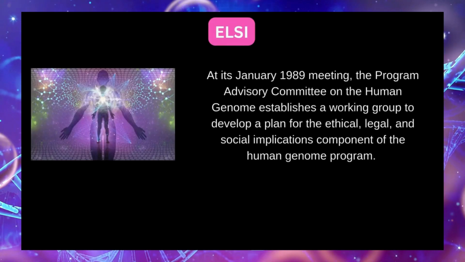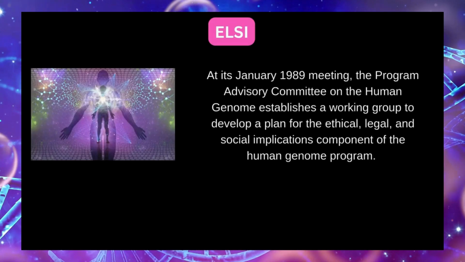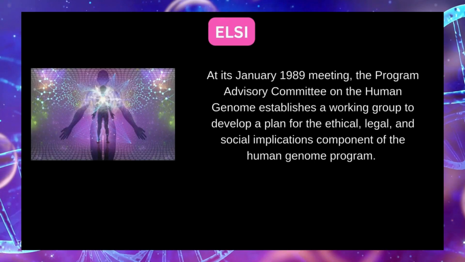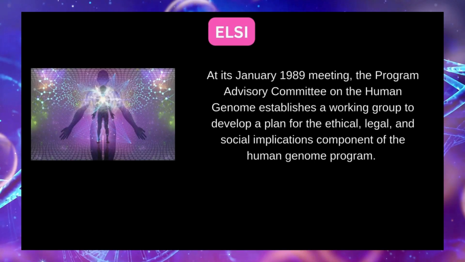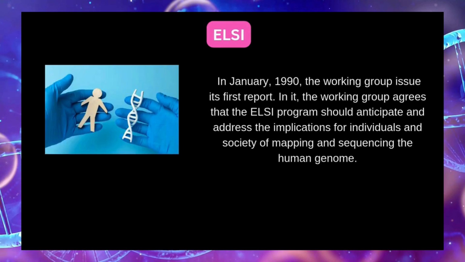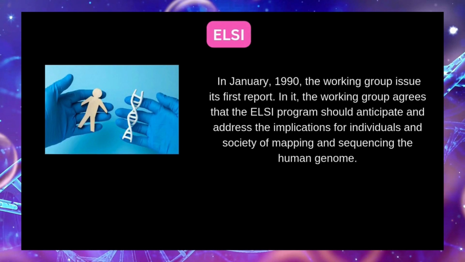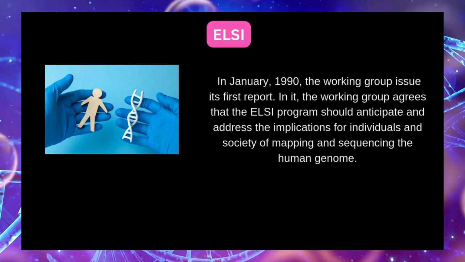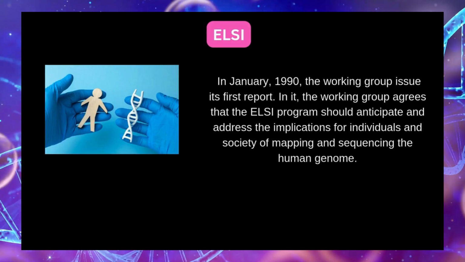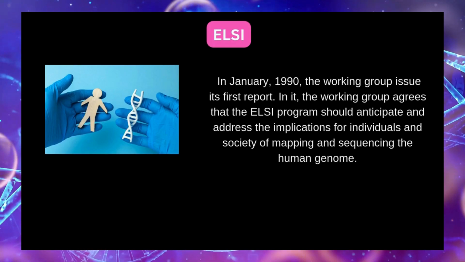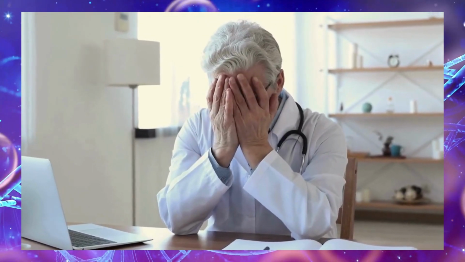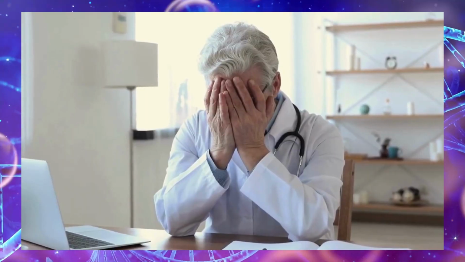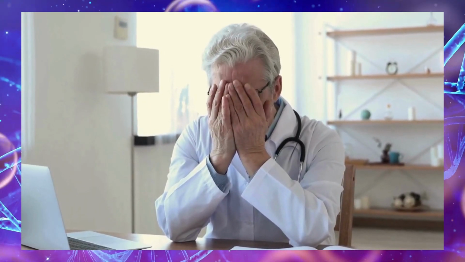ELSI was established in 1990 to address ethical, legal, and social issues, allocating 5% of the annual budget for this purpose. ELSI funding rose from approximately $1.57 billion in 1990 to around $18 billion by 2014. There were also concerns that mapping the genome could reshape patient expectations and perceptions of illness among doctors.